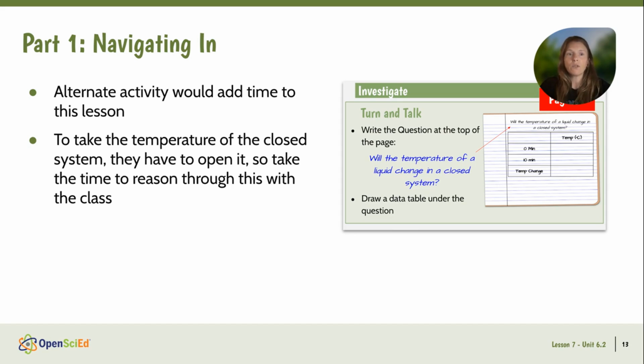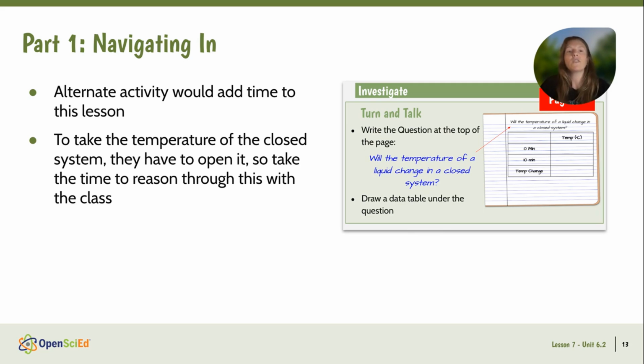One more thing about doing this hands-on activity with your students: to take the temperature of the closed system, they're going to have to open it. So you might have students go, hey, wait, we wanted to see if the temperature changed in a closed system, and then we made it an open system. So if you do it this way, you might want to think about factoring in some time to reason through this with your students.